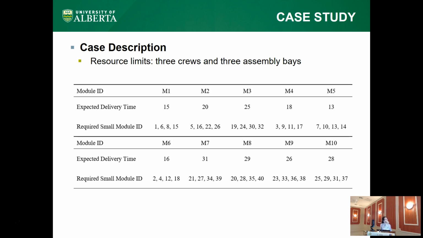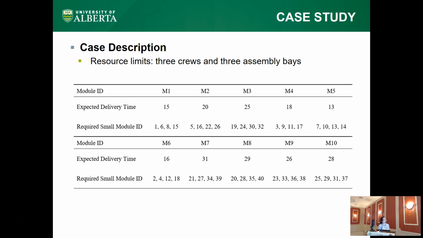Here's a case project to illustrate how the proposed method works. In this case, there are 10 large modules to be assembled from 40 small modules, and each one requires four small modules and has its own expected delivery time.